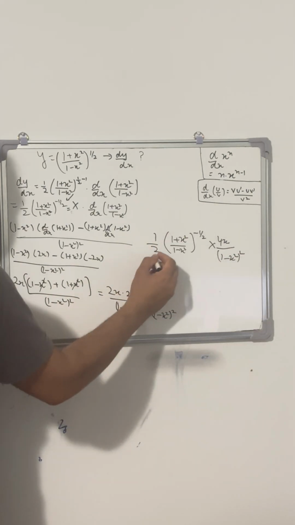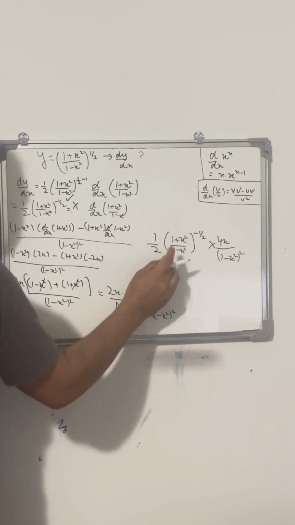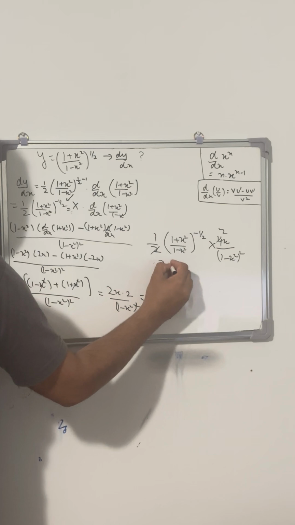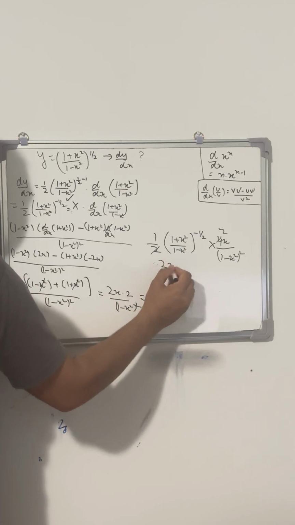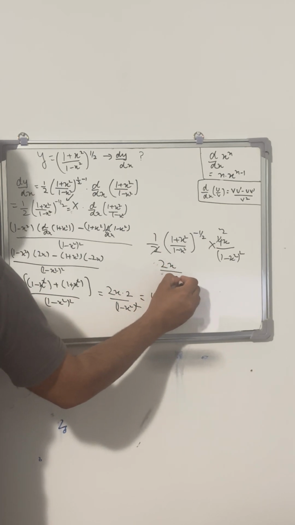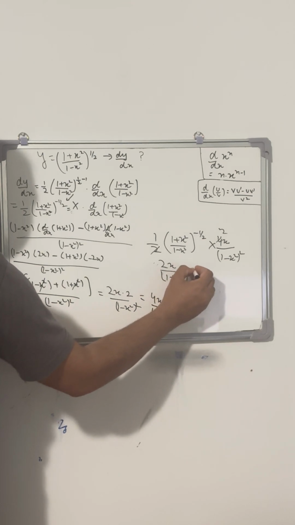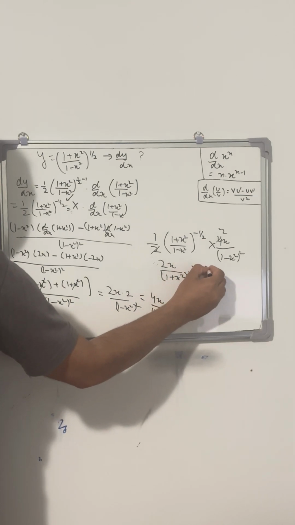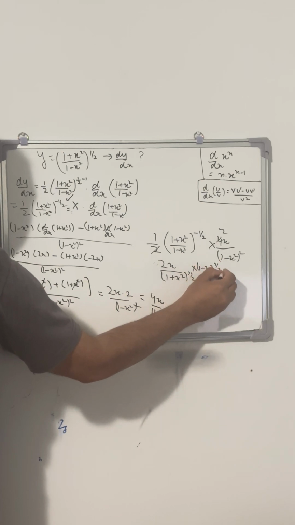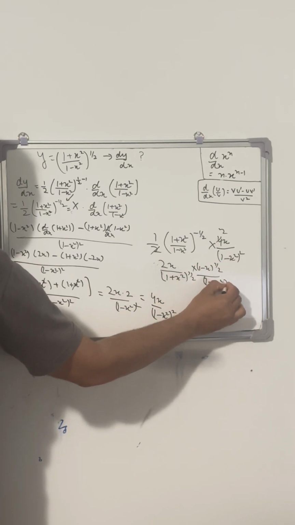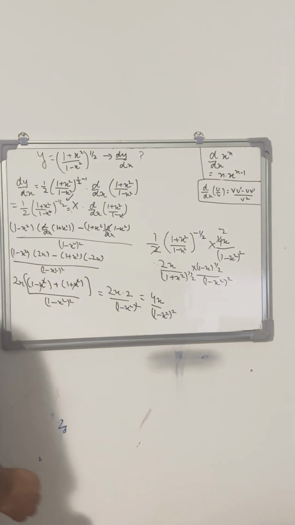Because this is minus, this power can go up, and then this 2 cancels here, so this becomes 2x over (1 plus x square) raised to power 1 by 2 multiplied by (1 minus x square) raised to power 1 by 2, divided by (1 minus x square) whole square.